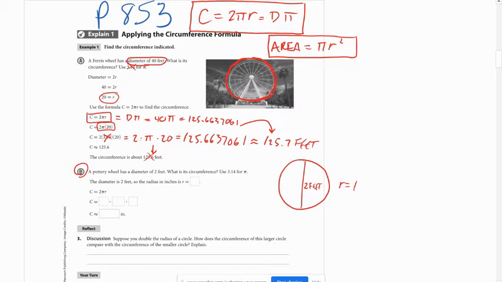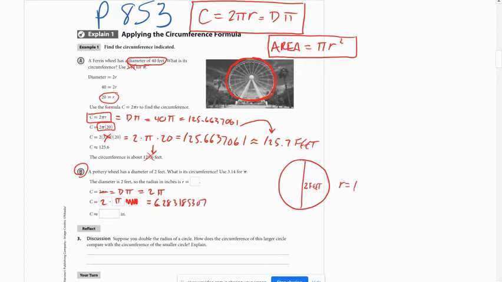In this one, instead of using 2 pi r, let's use diameter times pi. The diameter is 2, so we would just do 2 times pi. Using the pi button on your calculator gives you 6.283185307.